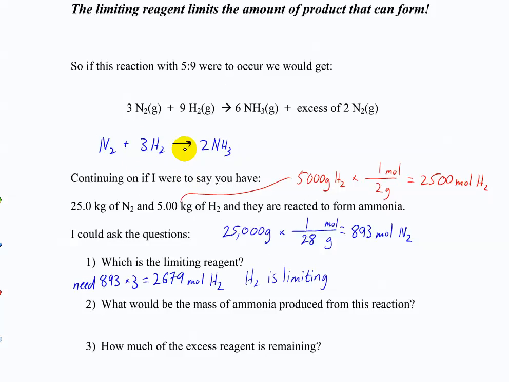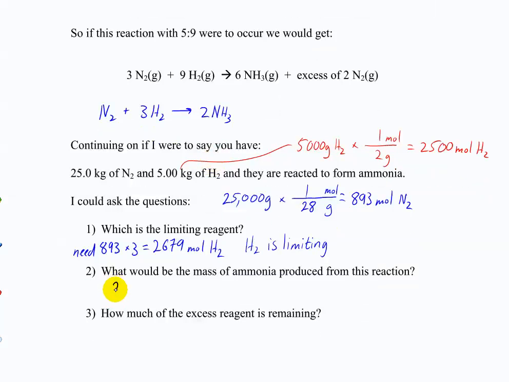The ratio of hydrogen to ammonia, the molar ratio is 3 to 2. So for every 3 molecules of hydrogen, we make 2 molecules of ammonia, which means we're going to multiply 2,500 moles by 2 over 3. That's our ratio, right? Because 3 times 2 over 3 equals 2.